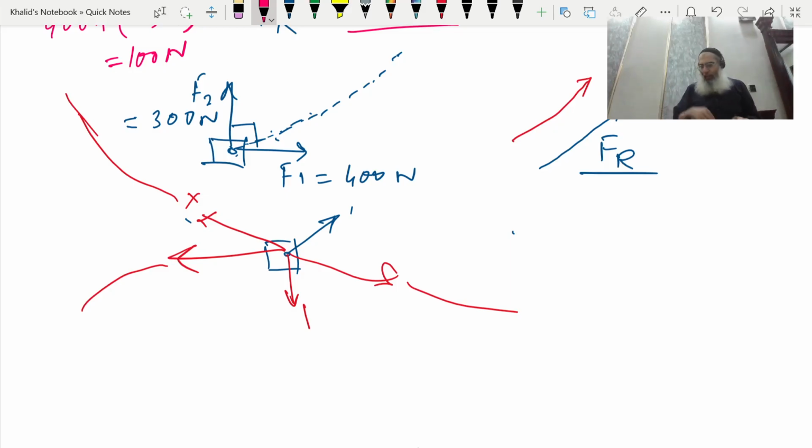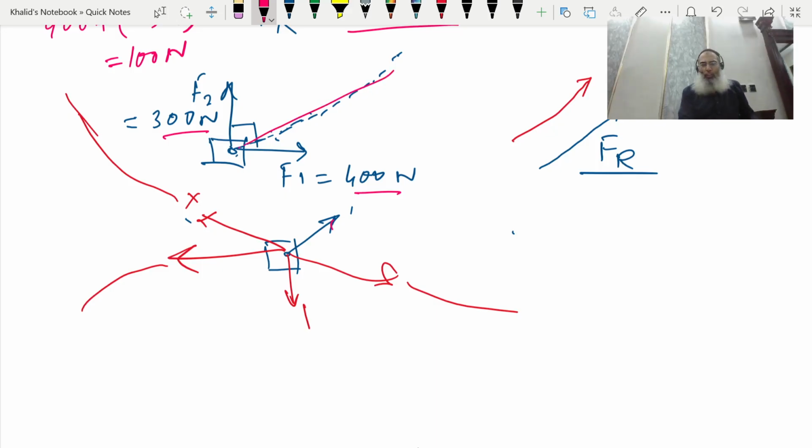They are contributing to the motion in two different directions. This 300 Newton force in the upward direction, and this 400 Newton force in the right direction. What will be the net effect? The body will move to the right and up, right, up, right, up. It means that the body will follow this kind of path.